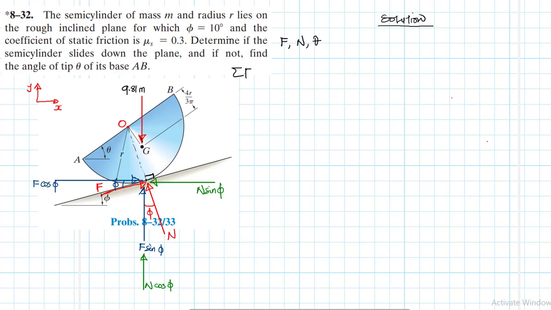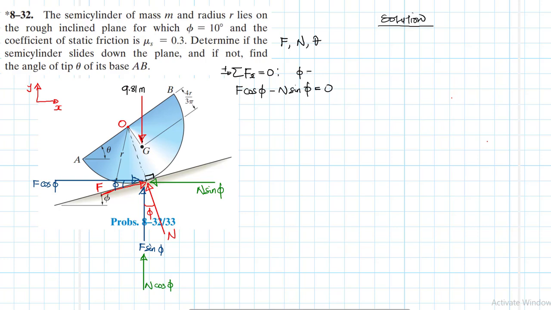Let's apply the equations of equilibrium quickly. Summation of forces in the x direction: we have F cos phi, which is positive, minus N sine phi equal to 0.